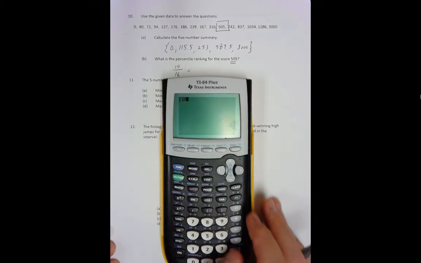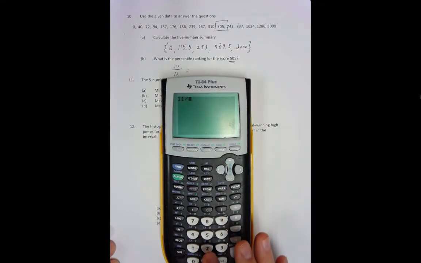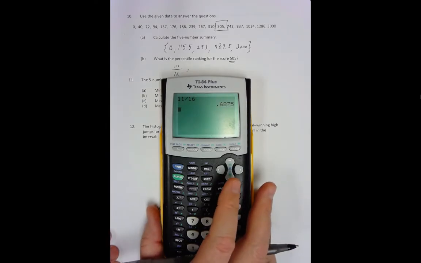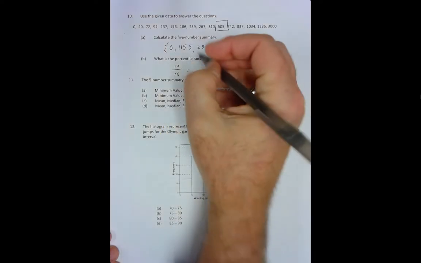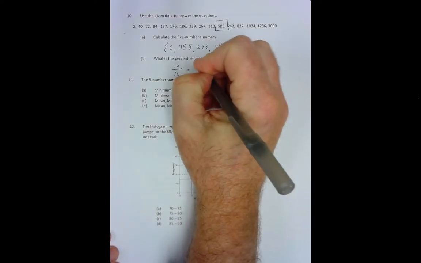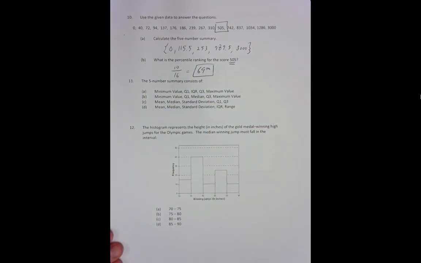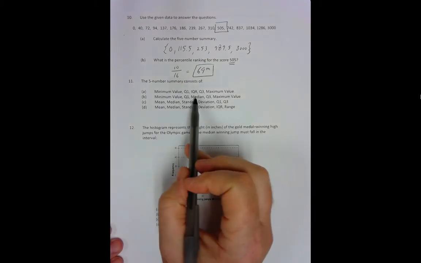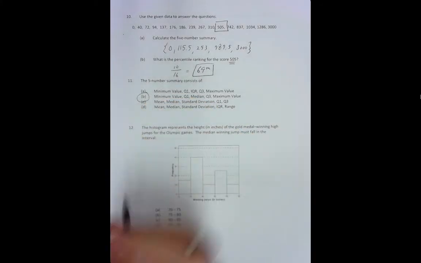Actually, I should count the 505, so it should be 11 divided by 16, because percentile ranking is technically the percentage of scores at or below the given score. So we would be at 0.6875, which rounds to 0.69. We'd be at the 69th percentile. The 5-number summary doesn't include the IQR, just minimum, Q1, median, Q3, so I guess that would be B.